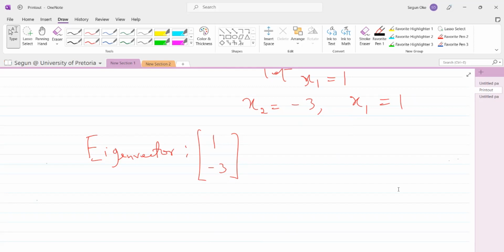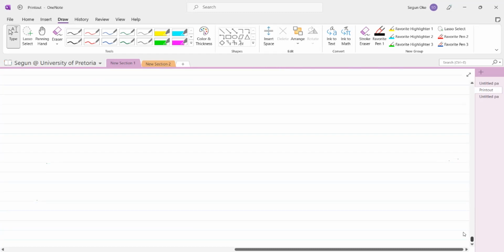The 3 by 3 matrix uses the same method, but the only challenge is how to get your lambda. It is simple if you follow the simple arithmetic. Some of them lead to polynomials. So let's quickly look at another example.